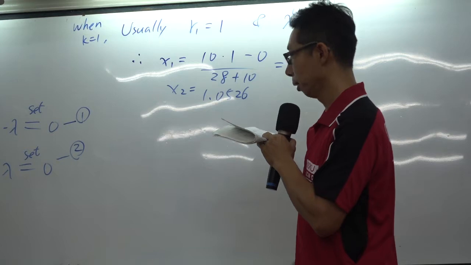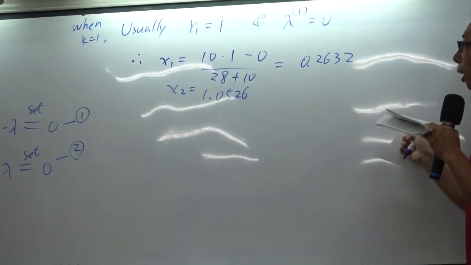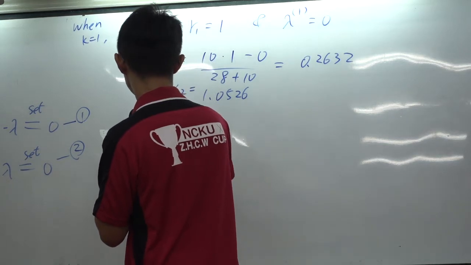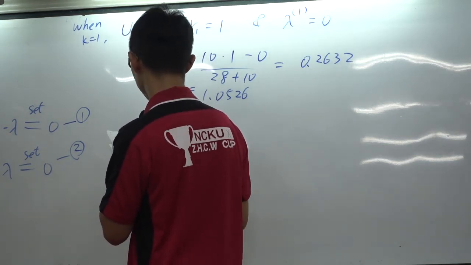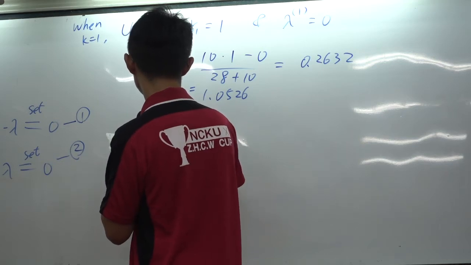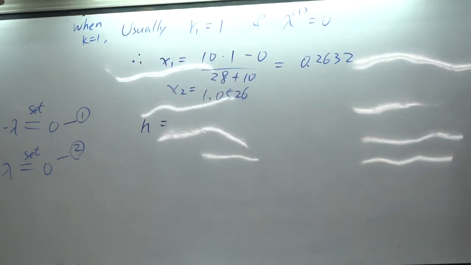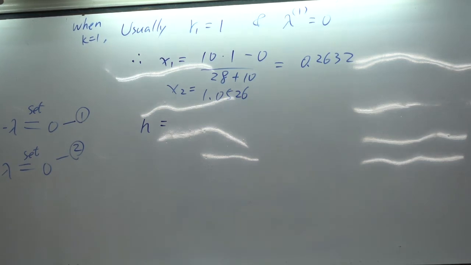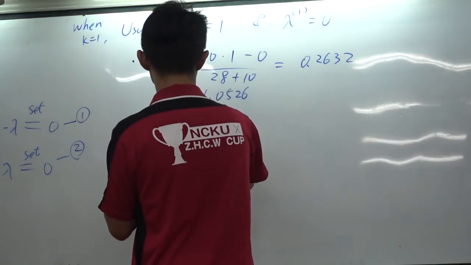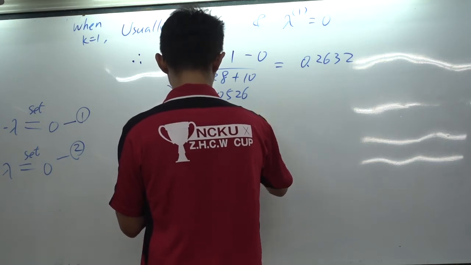Any question? And then we also need to calculate h. At iteration 1, what is h? As you know, h is x1 plus x2 minus 5. So what do we have?